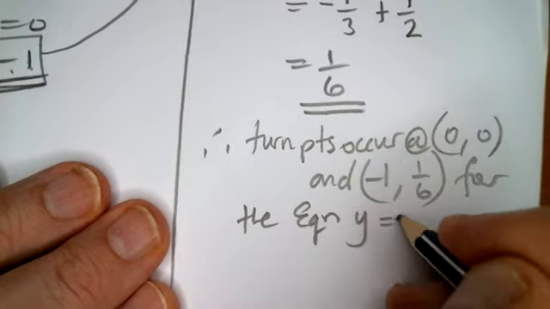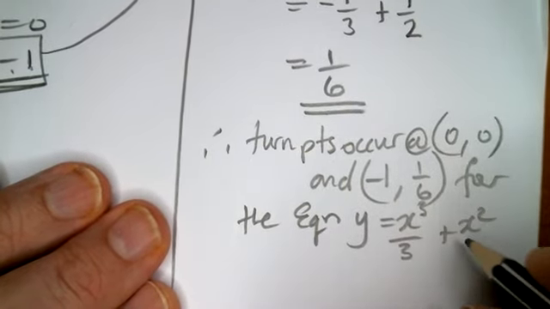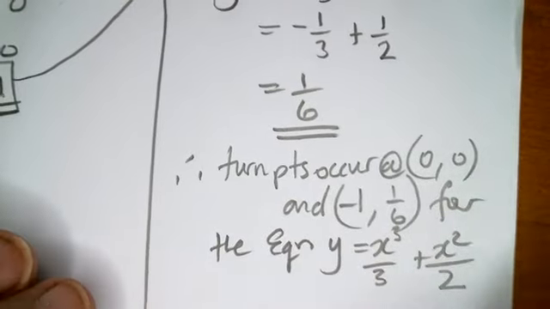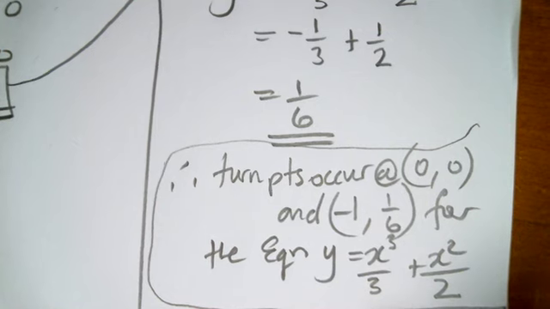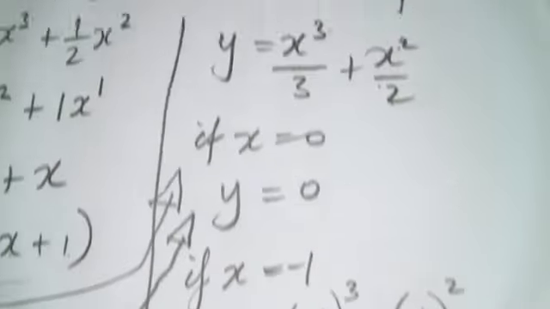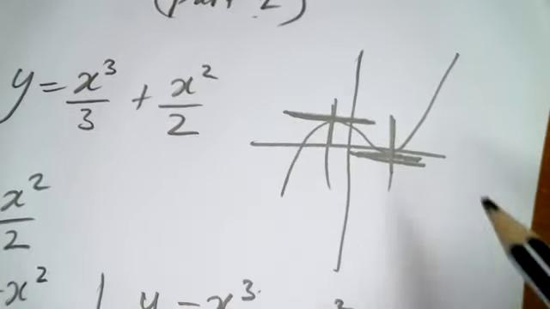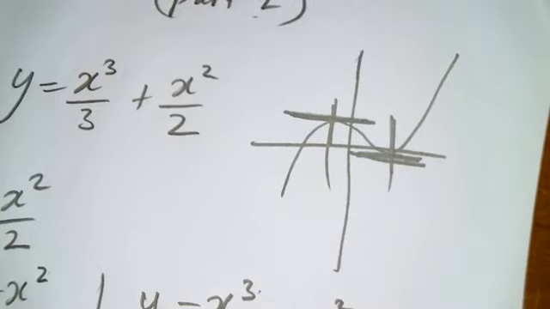Y is equal to x cubed on 3 plus x squared on 2. And you really want to finish with a summation of what you've just found. But that's how I would go about finding the turning points for this function here.